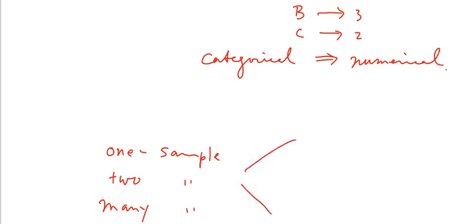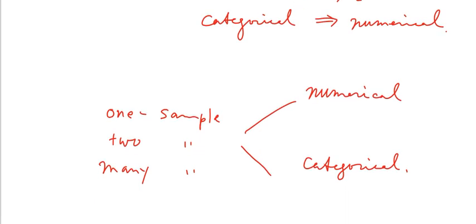Whether the data is numerical data or categorical data. So we have one sample numerical data. If it is one sample categorical data, it is just the one-way table, right?